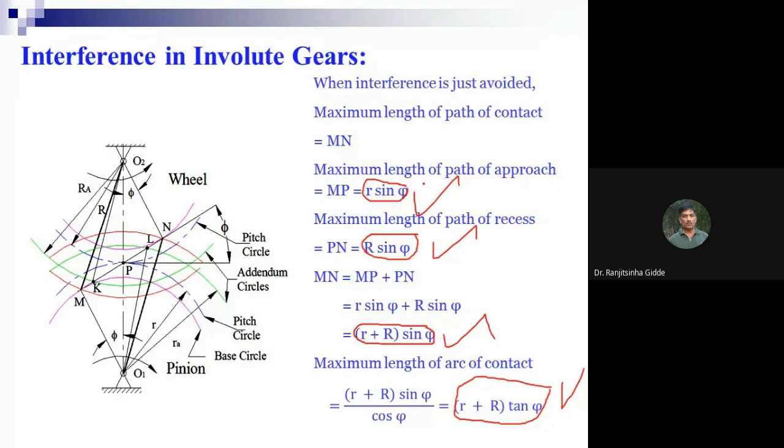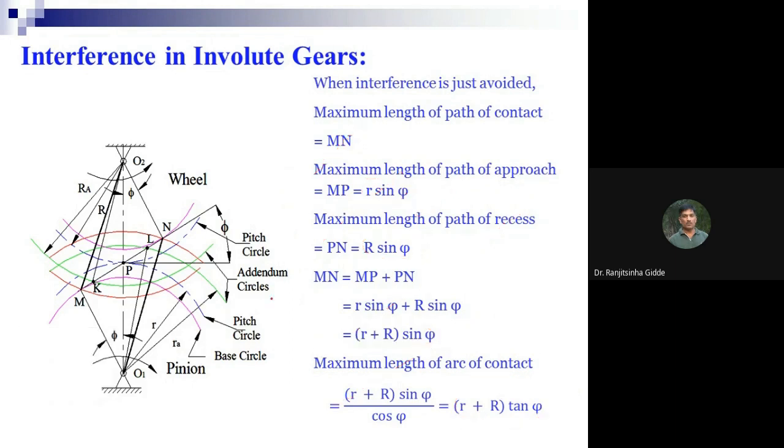So maximum length of path of approach, small r sin phi. Maximum length of path of recess, capital R sin phi. Addition of these two will indicate maximum length of path of contact, and finally maximum length of arc of contact is equal to (R plus r) tan phi. Okay.